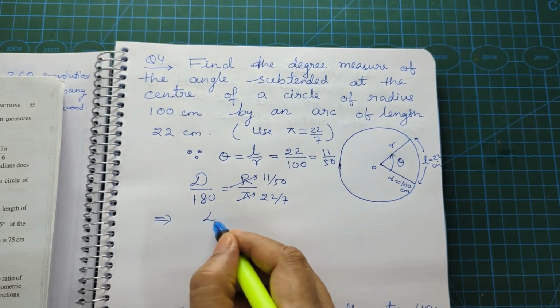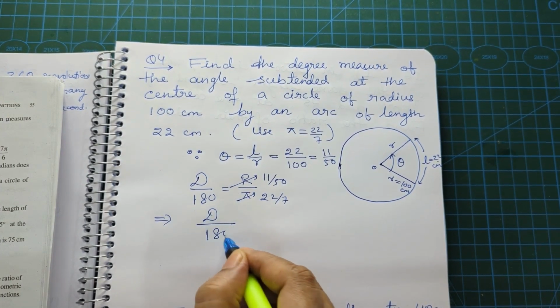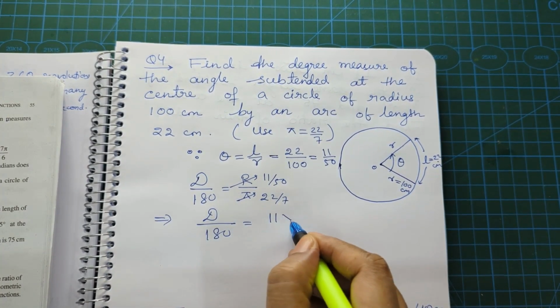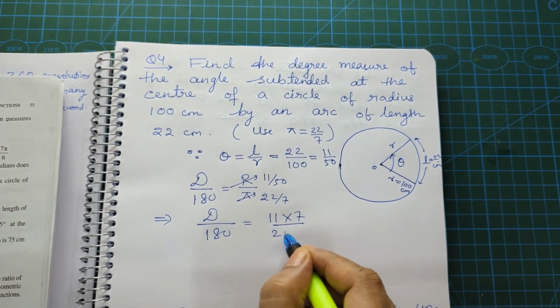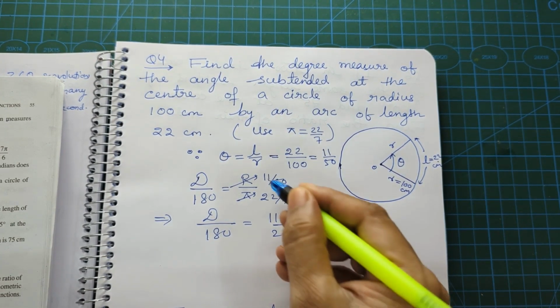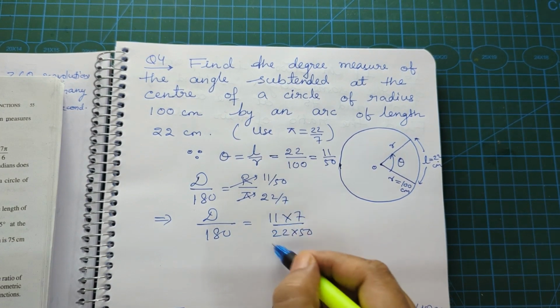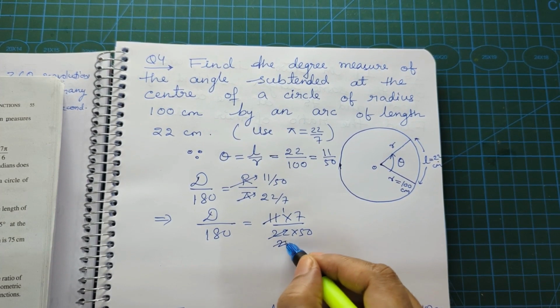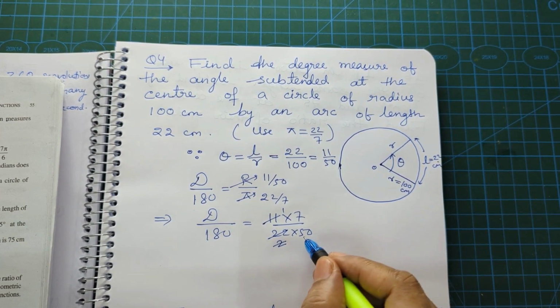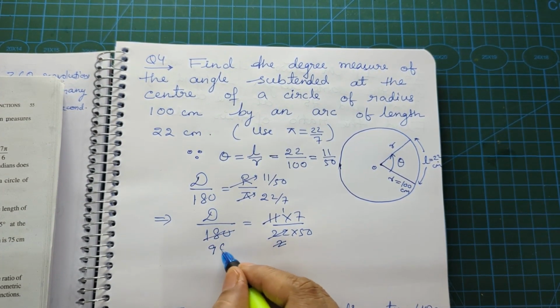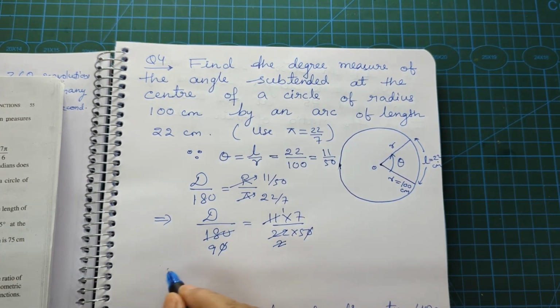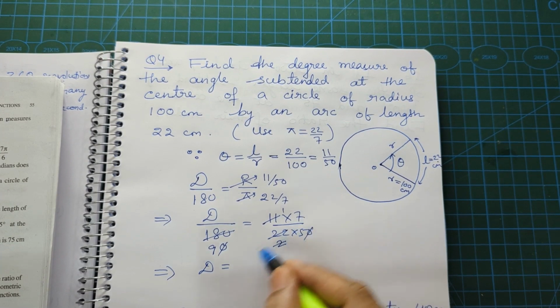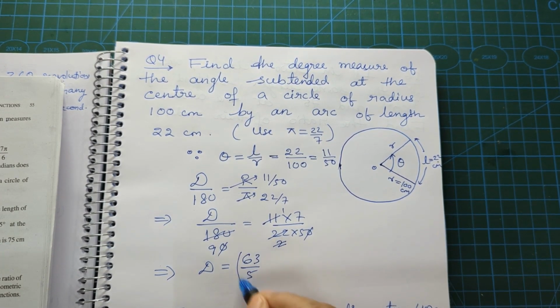So degree upon 180 is 11 into 7 by 22 into 50. Fraction divided by fraction, we get something like this. 11 ones, 11 twos, 2 nines 18. So in terms of degrees, it is 9 sevens, 63 upon 5.